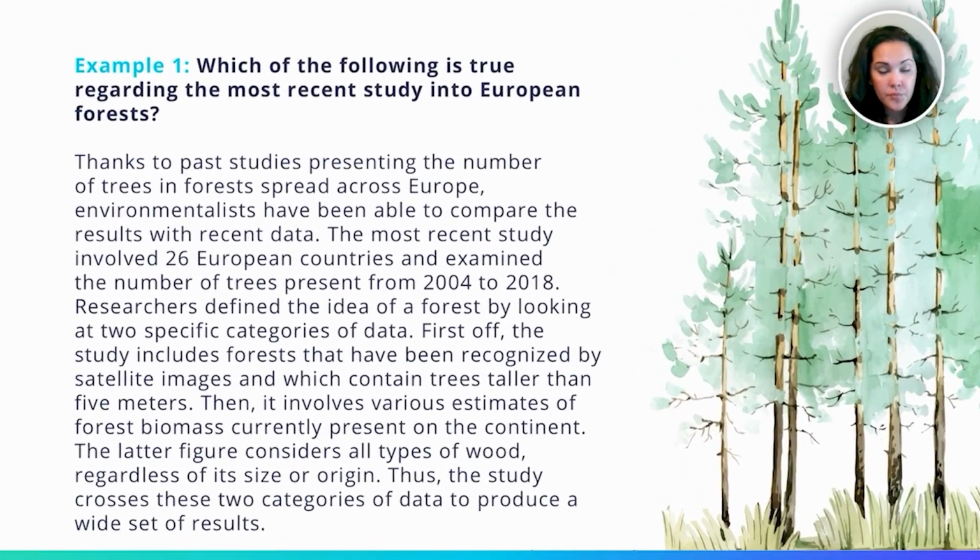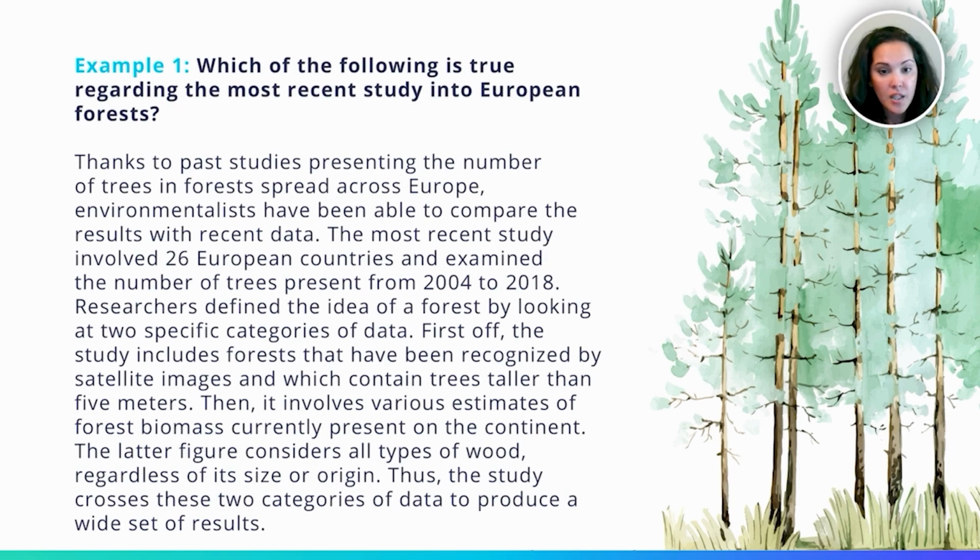Here we go. Thanks to past studies presenting the number of trees in forests spread across Europe, environmentalists have been able to compare the results with recent data. The most recent study involved 26 European countries and examined the number of trees present from 2004 to 2018. Researchers defined the idea of a forest by looking at 2 specific categories of data.